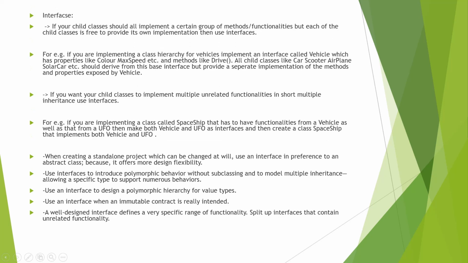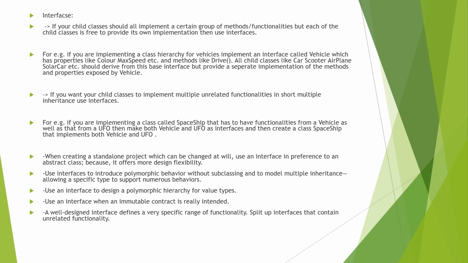Interface: if your child classes would implement a certain group of methods or functionality, but each child class is free to provide its own implementation, then use an interface. This is the example, you can read it. Interface is also used in a scenario where you want child classes to implement multiple unrelated functionalities.